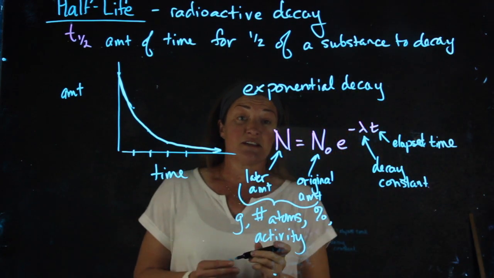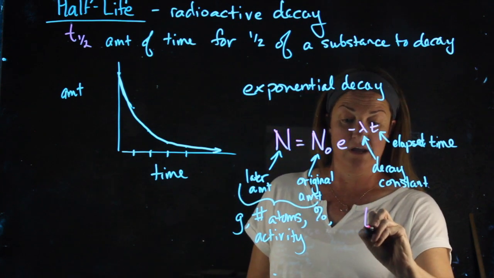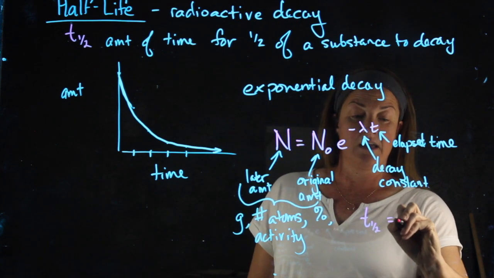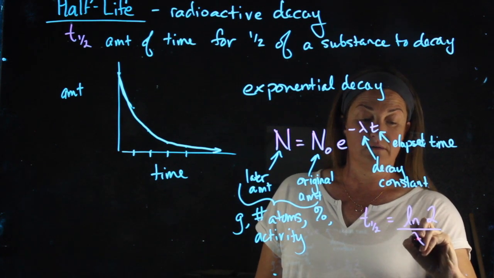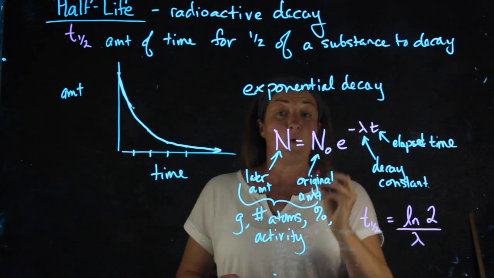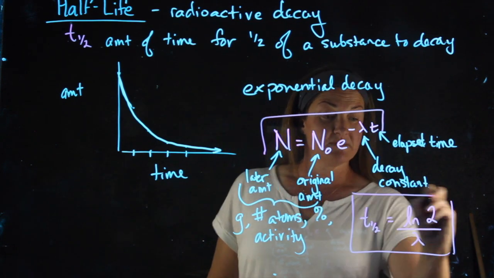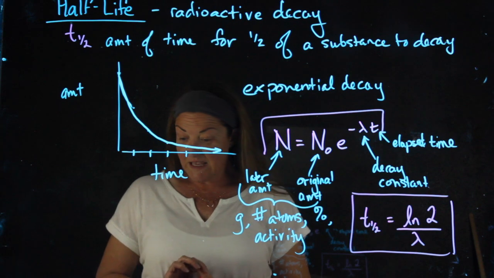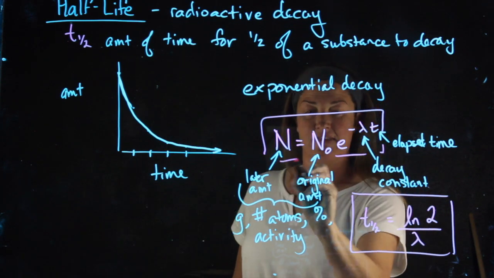The decay constant is related to the half-life by this equation. T 1/2 equals ln 2 over lambda. We will be using both of these equations in subsequent problems. We're going to need to talk a little bit more about units and things like that.